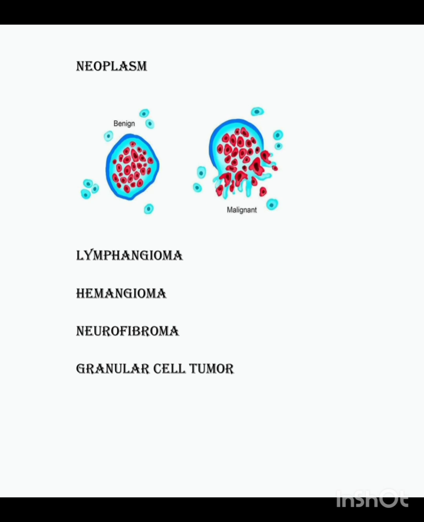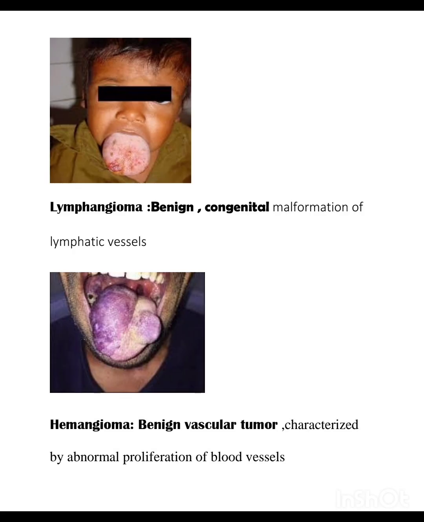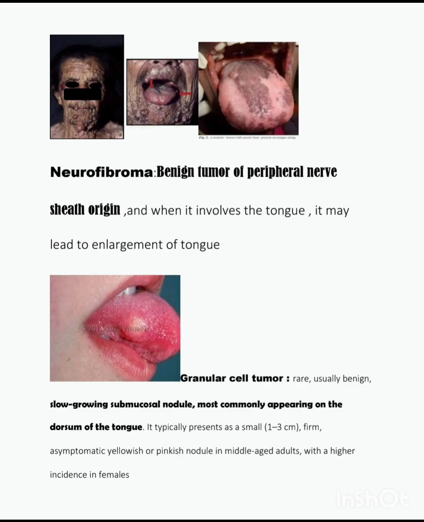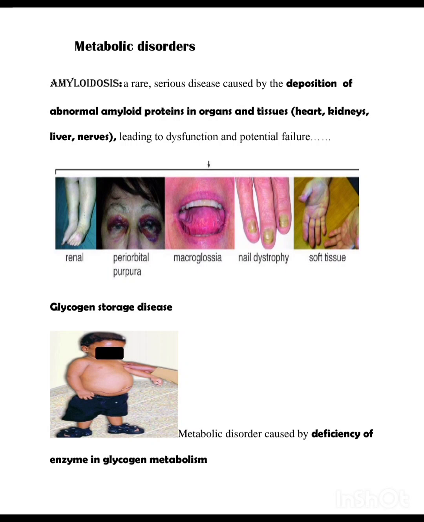Moreover, neoplasms such as lymphangioma, hemangioma, neurofibroma, and granular cell tumor may also be associated with true macroglossia. In addition to that, some metabolic disorders such as amyloidosis and glycogen storage disease are causes of true macroglossia.